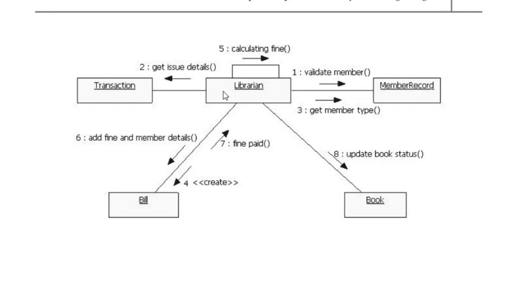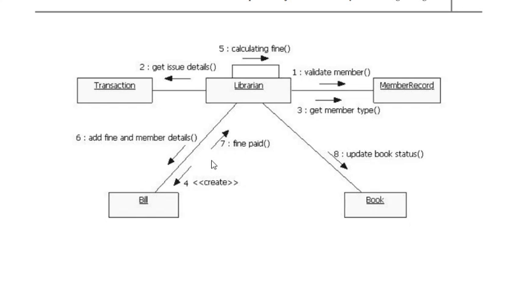So again, I'll repeat it. First, the librarian will verify the member record. Then the librarian performs a transaction of getting the issue detail. Then the librarian will check what kind of member it is. Once the type of member has been determined, the librarian will try to generate a bill, where in the bill the librarian will calculate the fine, and along with the member detail, the librarian will place the fine in the bill.